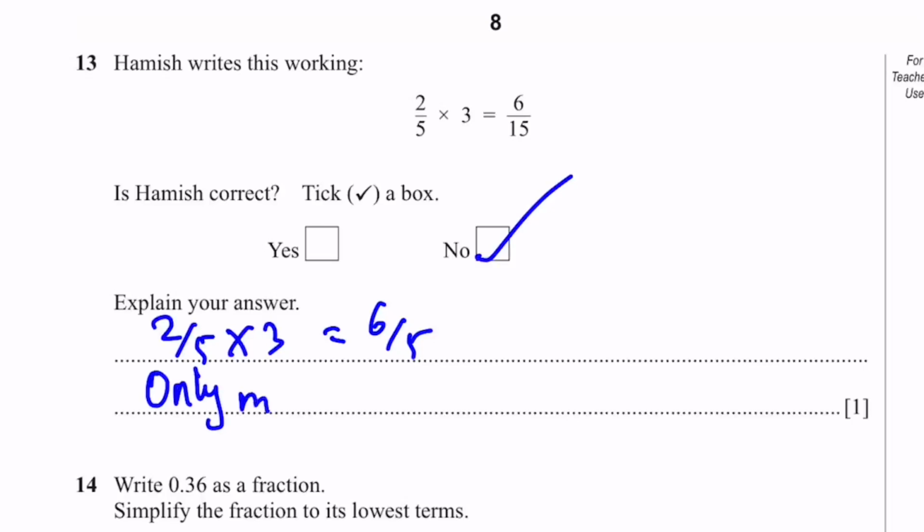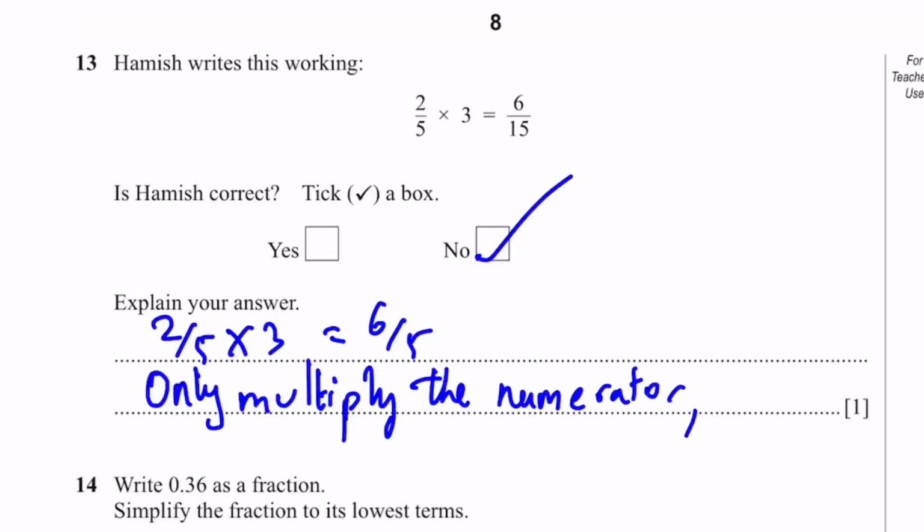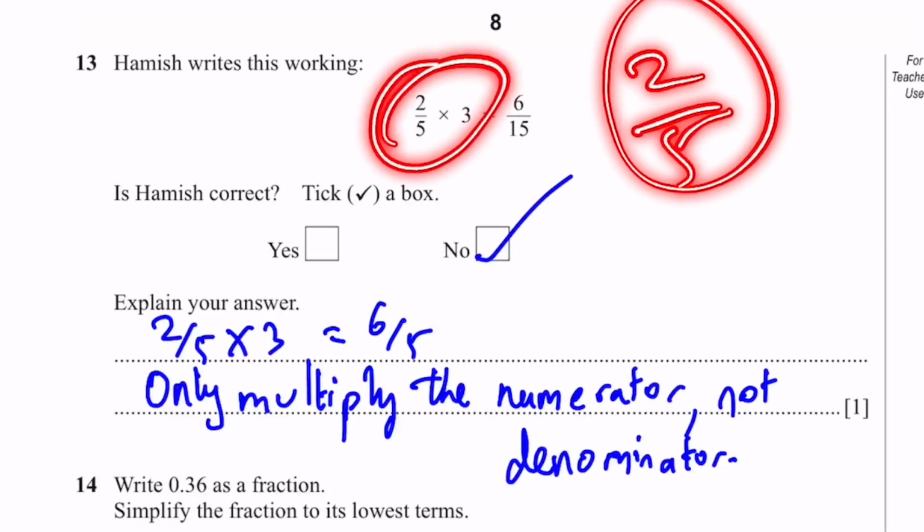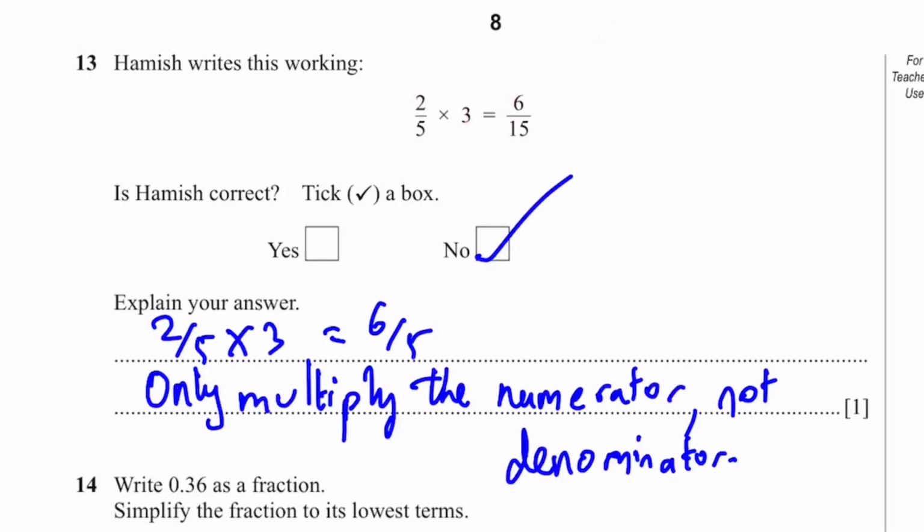Only multiply the numerator and not the denominator. Why is it? Because if we multiply both the numerator and the denominator, 6 by 15 is the same as 2 by 5. And we need to multiply by 3, so that will become bigger. And that means that obviously it's wrong.